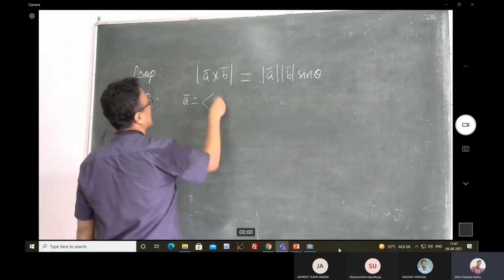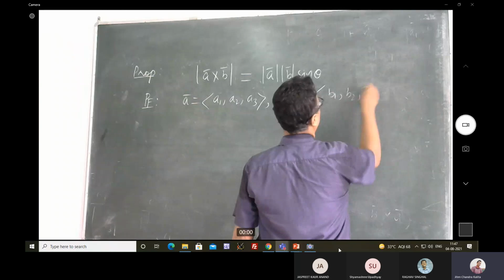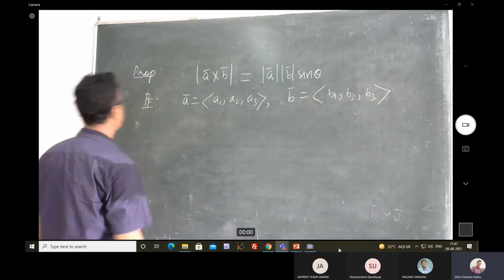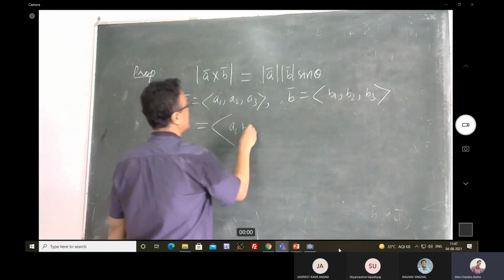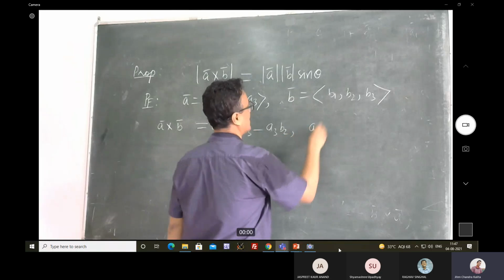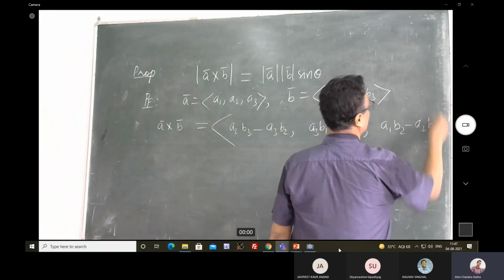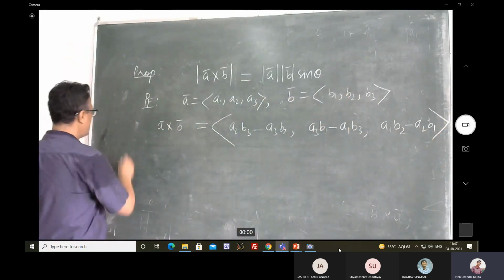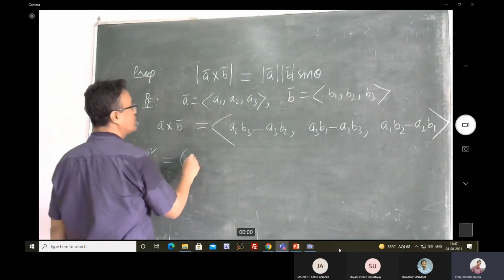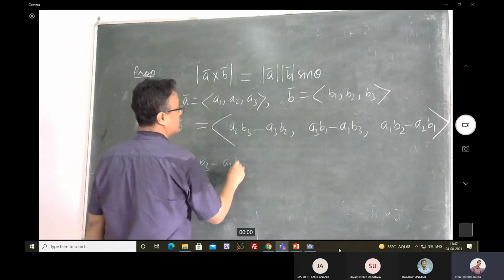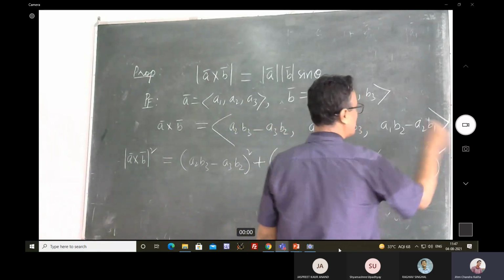See, if I take A to be equal to A1, A2, A3 and B to be equal to B1, B2, B3, then you know that A cross B is simply given by A2B3 minus A3B2 and so on. So if I consider the square of the magnitude of this, it is going to be (A2B3 minus A3B2) whole square, and so on. I'm not going to write it down, you know what it is.